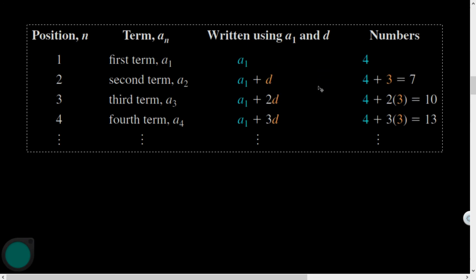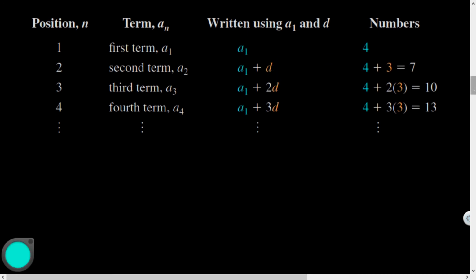But if I can create an equation to predict what the nth term is going to be, that will be even better. So let's see if I can figure out an equation for the nth term. So here's a sub n. All right, so this would be like the nth term in the list.